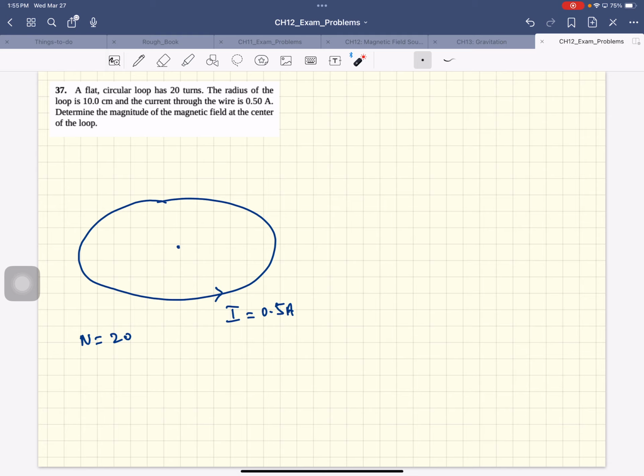And what is the direction of this field at the center of the loop? So you point your fingers in the direction of the current, and your thumb points in the direction of the magnetic moment, which also points in the direction of the field. And the field is given by, okay, here's the expression.